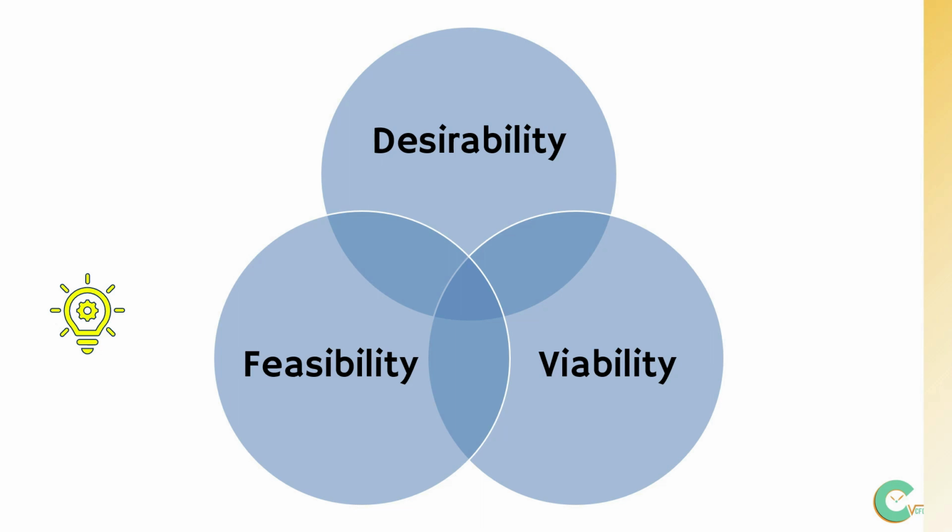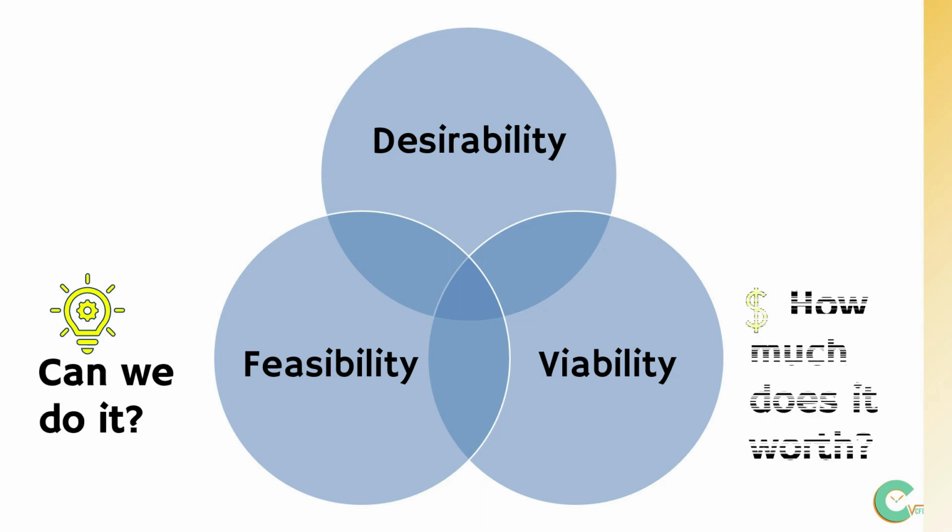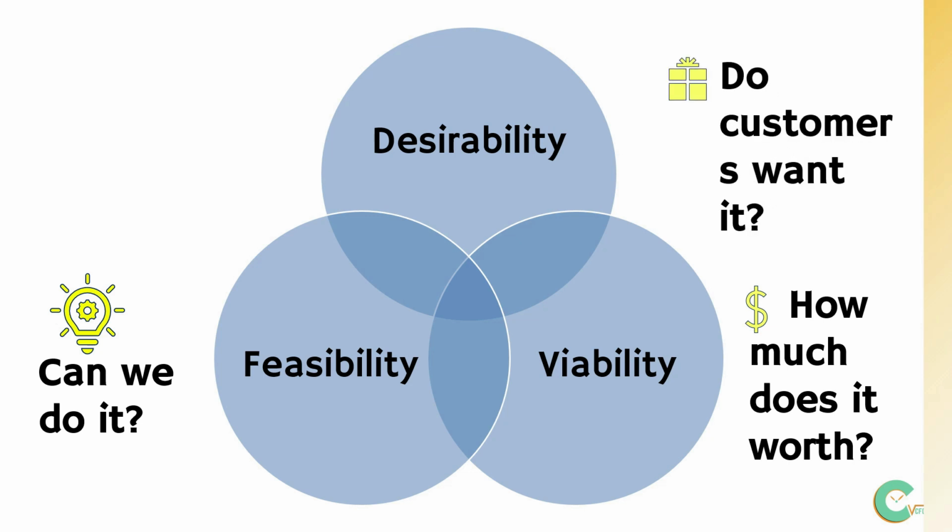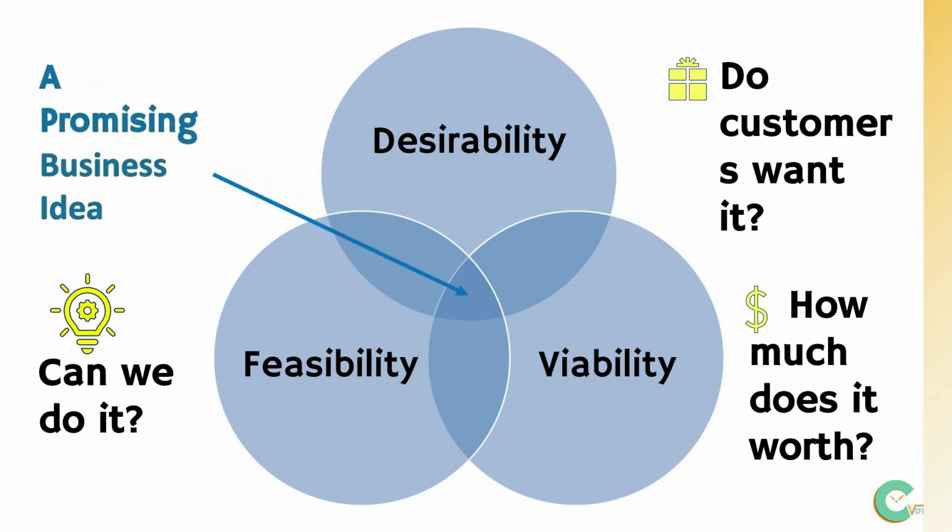Desirability refers to your customer's desire to buy from you. Feasibility is when we evaluate the possibility of us making the product or offering the service. And when it comes to viability, we talk more about financials and numbers to see if it's worth going through all the trouble and if the idea can be financially sustainable.